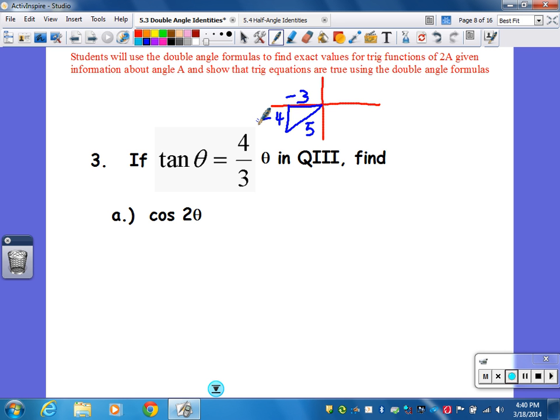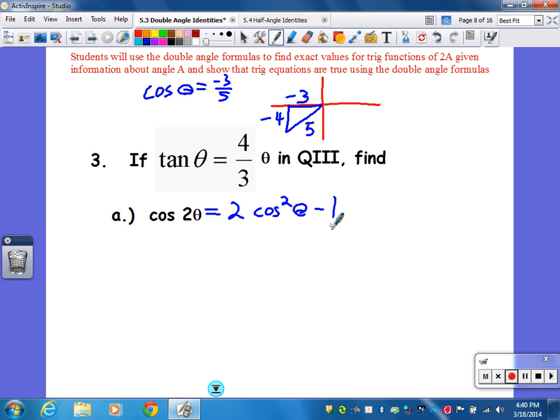All right. Now we need either cosine or sine. So I'm going to just write cosine theta is equal to negative 3 over 5, and our formula for finding the double angle of cosine 2 theta is 2 cosine squared theta minus 1.